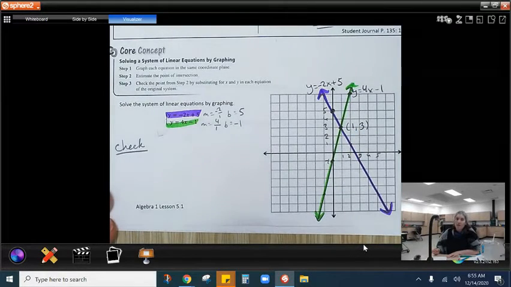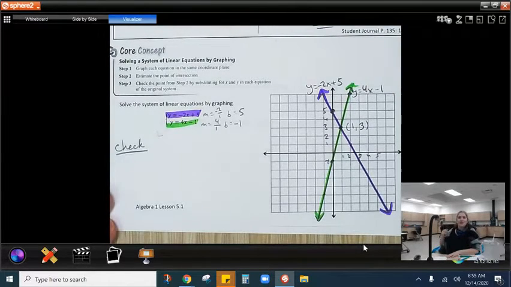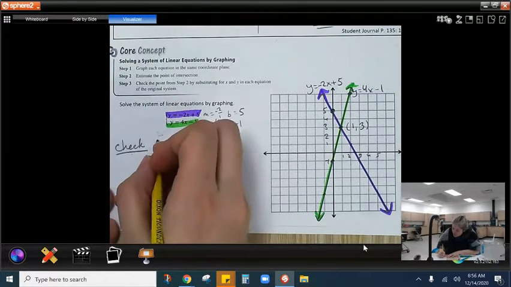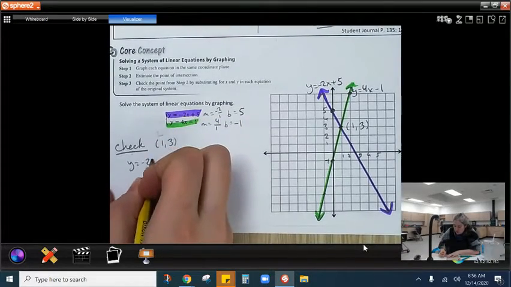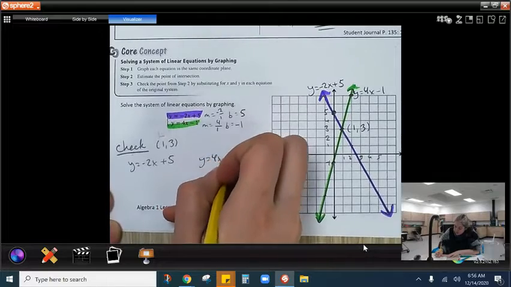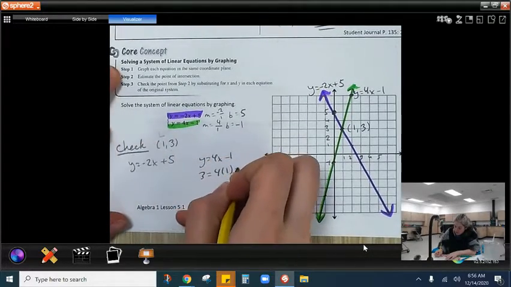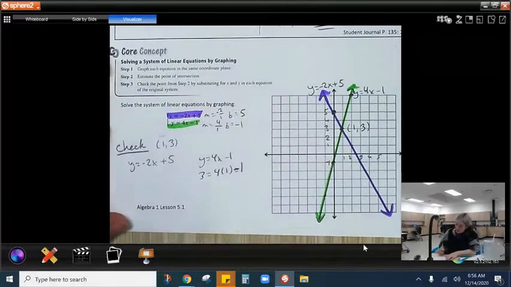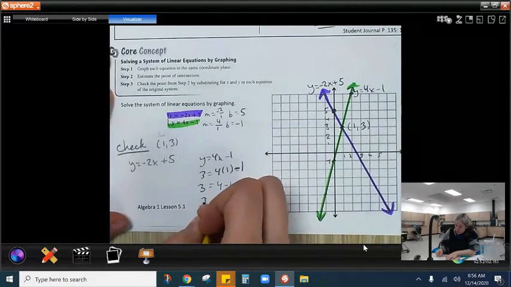So now we need to say, well, did I graph it right? Let's double check. We want to check the point 1, 3 and see if it works for both of our equations. So we've got y equals negative 2x plus 5, and we have y equals 4x minus 1. I'm going to plug in 3 for my y and 1 for my x. 3 equals 4 times 1 minus 1. 4 times 1 is 4, and when you minus 1, you get 3.